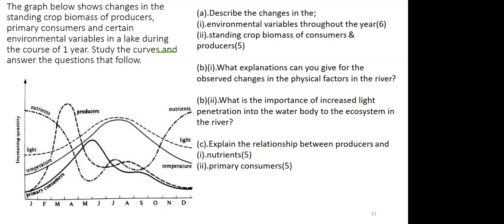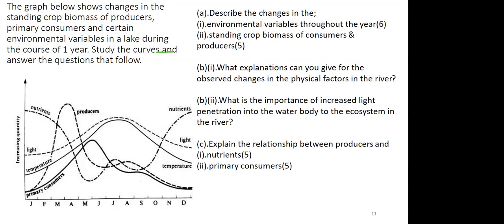Then from the end of March, you can tell us that the primary consumers continue rising up to the end of May, but then start decreasing because the producers' population is decreasing rapidly and therefore they don't have enough food. Do you get that point? Yes.